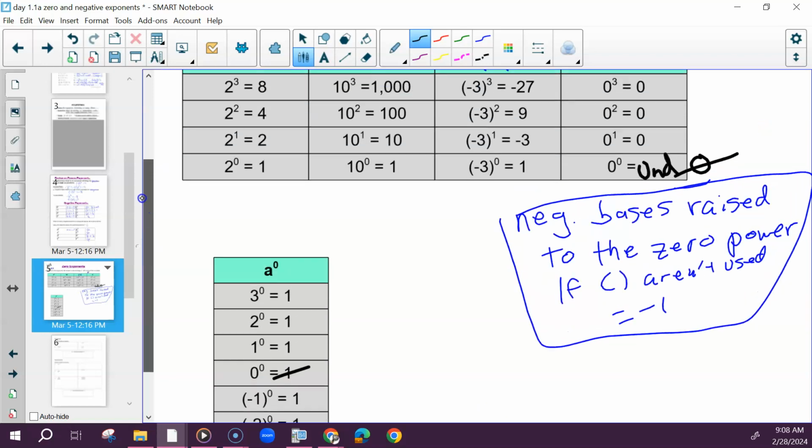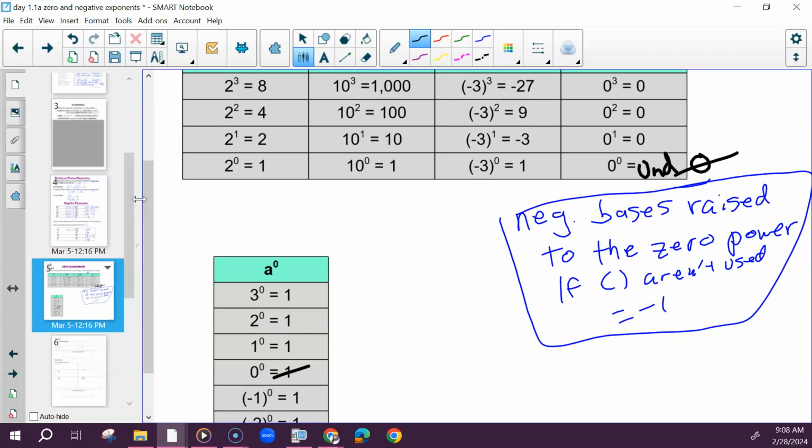The other special case is if you have a negative base raised to the 0 power and you don't have parentheses. So here we had a negative base, we had parentheses, it was positive. But if I had negative 3 to the 0 without parentheses, that would give me a negative 1. I want you to write this down. Negative bases raised to the 0 power, if parentheses aren't used, equal negative 1.